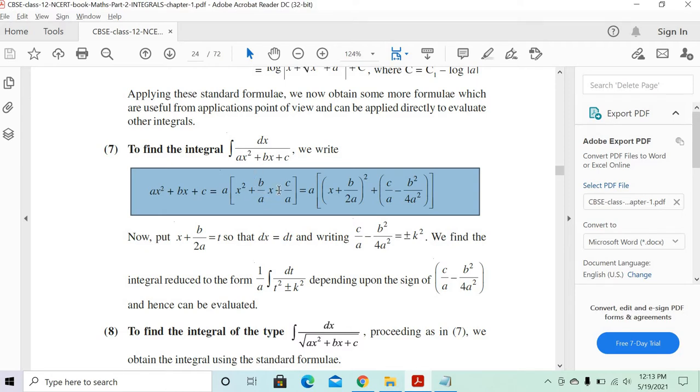So you divide b by a by 2, and it becomes b by 2a. So you have to add and subtract the b by 2a whole square, correct? So you will get the completing the square, isn't it?